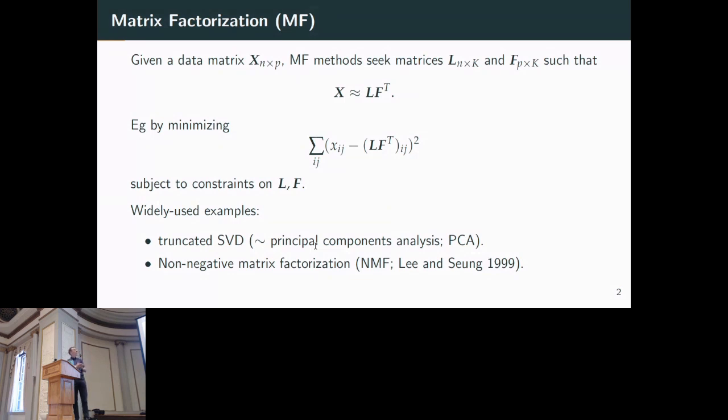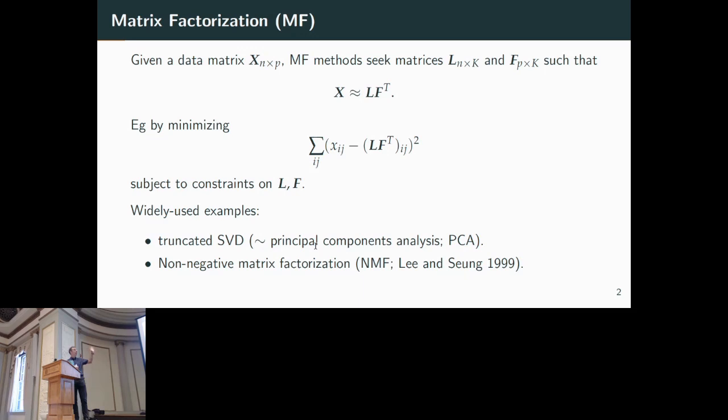So, a simple way to try and find such matrices is to try to minimize the sum of squared errors between the matrix X and this, in quotes, approximation, LF transpose. And later we're going to be talking about different kinds of constraints on L and F, such as maybe non-negativity.